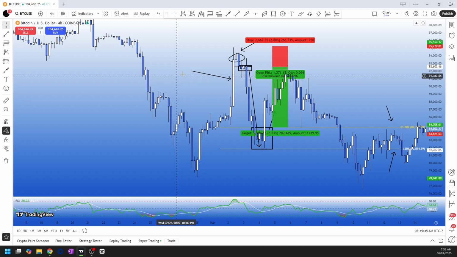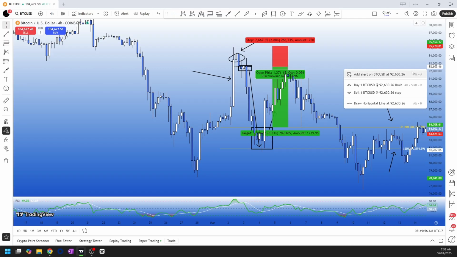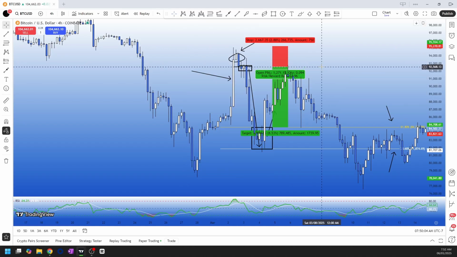So I would suggest if it's a larger time frame and you don't want to sit down and wait, you can set an alarm here. Add alert, and this will tell you when it's crossing. So then you'll get an alert on your phone telling you that price action is crossing that level. And then you come in, look, check it out.